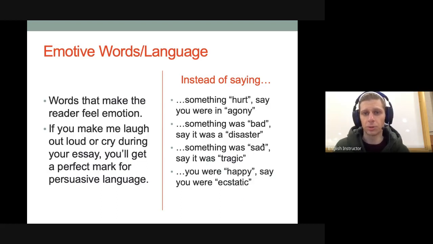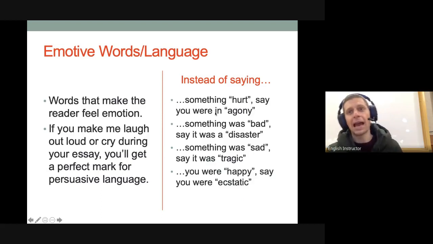These go along with the idea of using imagery and description. So use adjectives that are persuasive, or use nouns and adverbs and even verbs. Use the ones that carry the emotion that you're trying to convey. So if you were hurt, don't just say, oh, I was hurt. You want to say you were in agony.